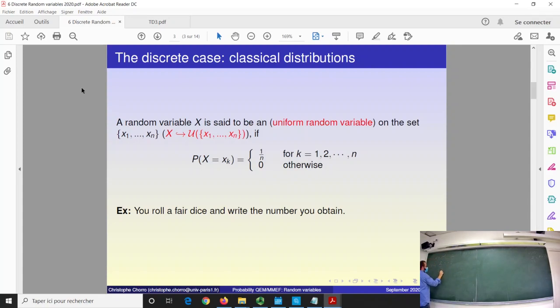And in this very particular situation, what I call the expectation is just the mean of these numbers.